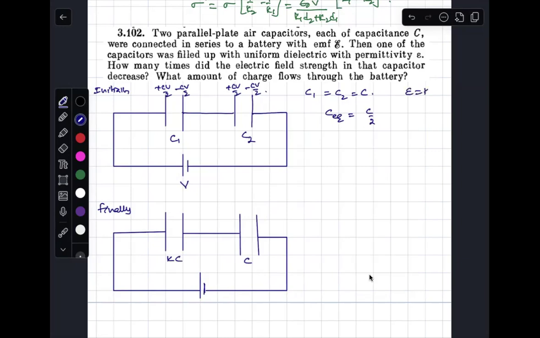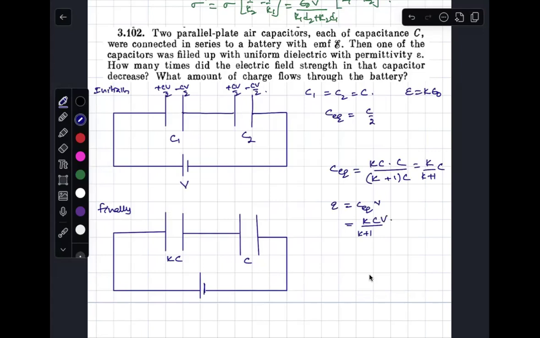Epsilon is nothing but K times epsilon naught. Now tell me, what is the C equivalent now? K into C by KC plus C. This is nothing but K by K plus 1 times C. Now, what is the first charge drawn by the battery? Q is C equivalent into V, K into C by K plus 1.